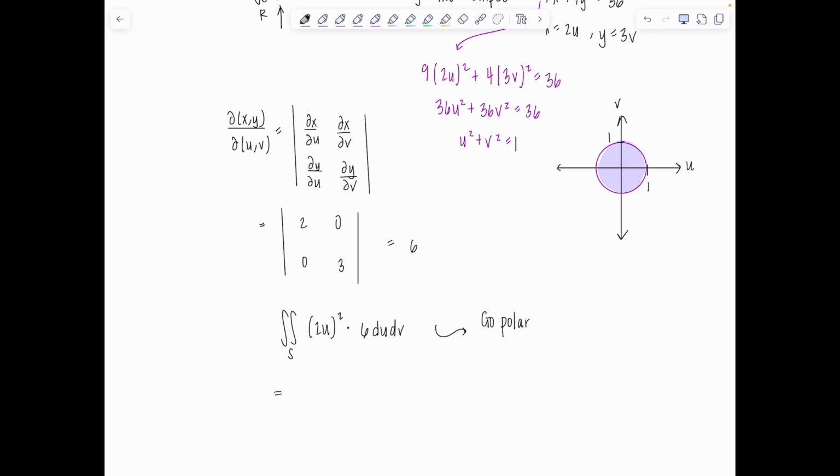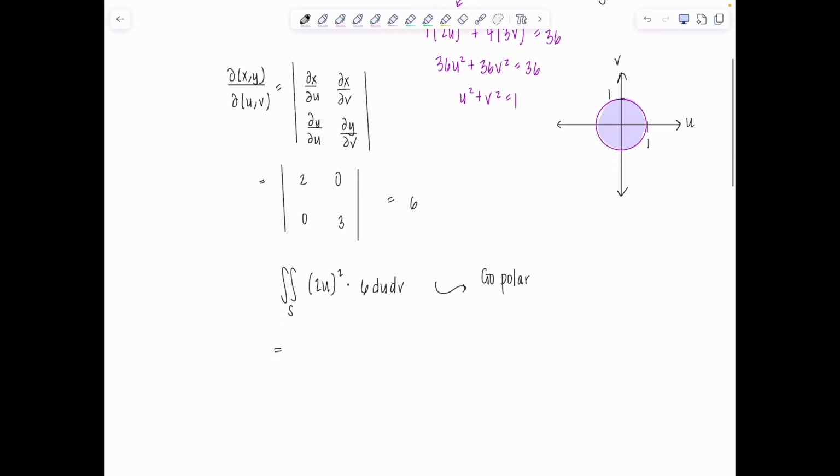All right. 2 squared times 6. Let's take the 24 out. Okay. Then you can think of it like this is going to go 0 to 2 pi. Limits for r would be 0 to 1. And then we have this u squared here, right? Well, look at where u is.